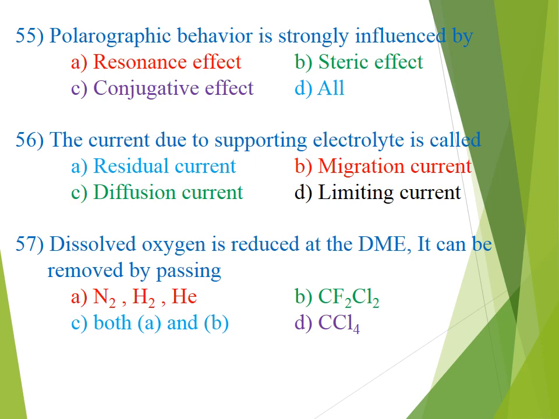Question number 56. The current due to supporting electrolyte is called residual current. Therefore option A is correct. 57. The dissolved oxygen is reduced at the dropping mercury electrode. It can be removed by passing option A, N2 or helium, option B, CF2Cl2, option C, both A and B. Therefore option C, both A and B, are correct.